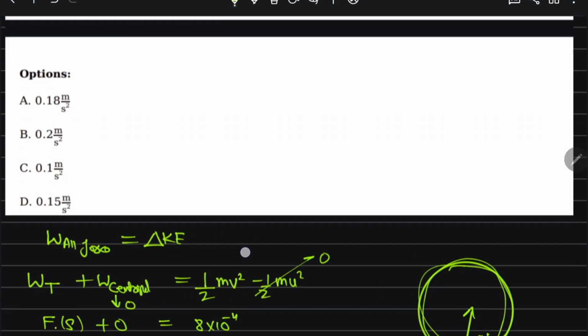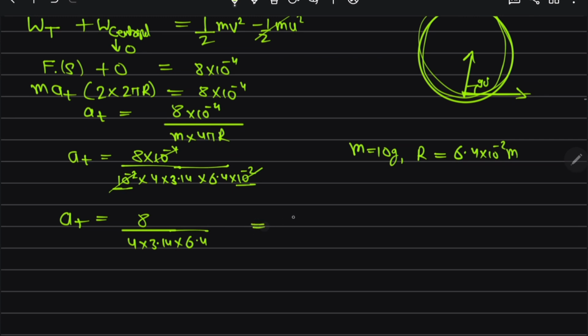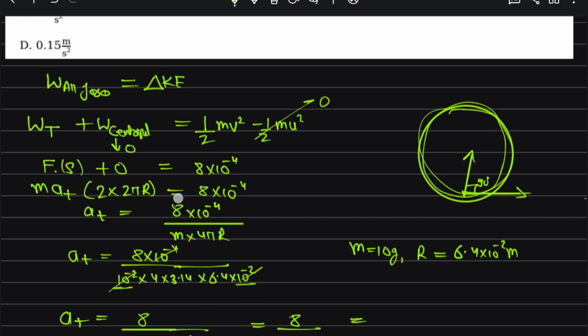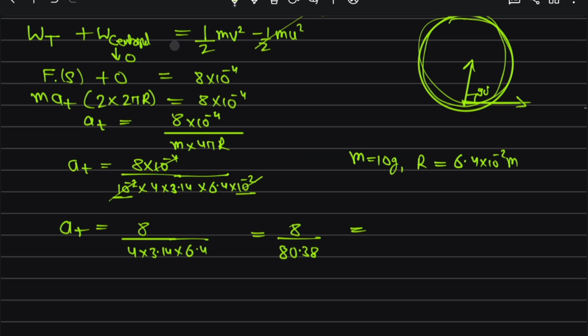So if you calculate, this is 8, right? 4 into 3.14 into 6.4 comes out to be 80.38. So if I divide this by 8 into 80.38, this comes out to be 0.09.